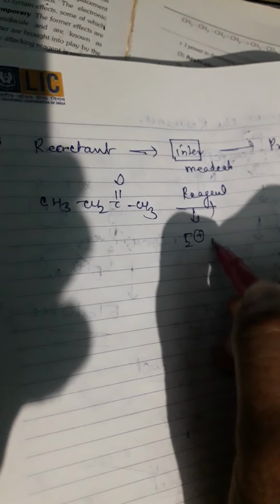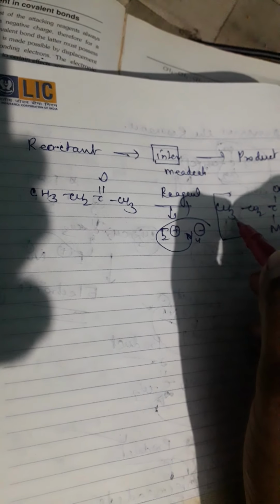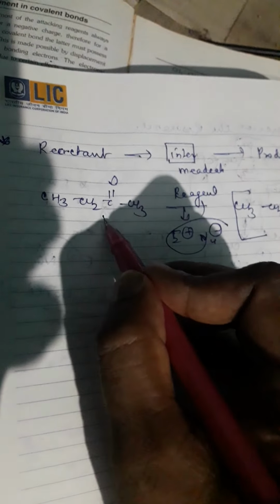Reagents may be either electrophile or nucleophile, by which product will be formed. Suppose that this will be CO, like that. Here it is actually not my part to discuss everything, I only want to discuss this point.